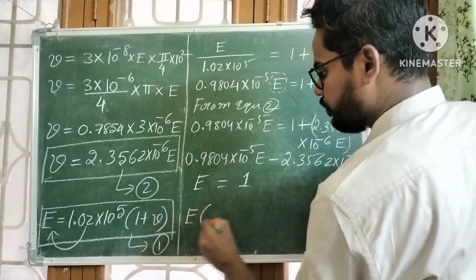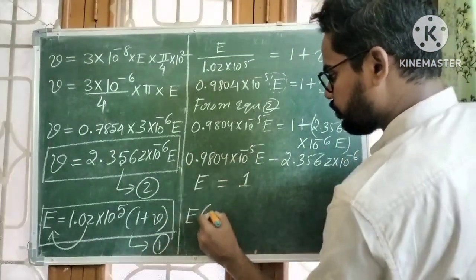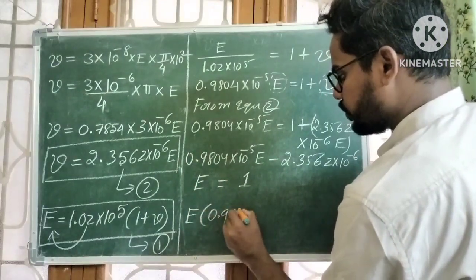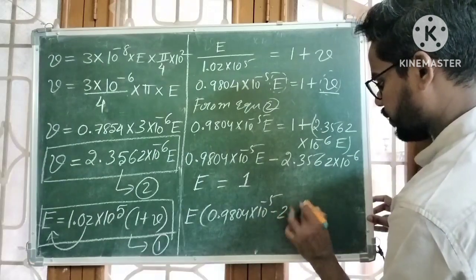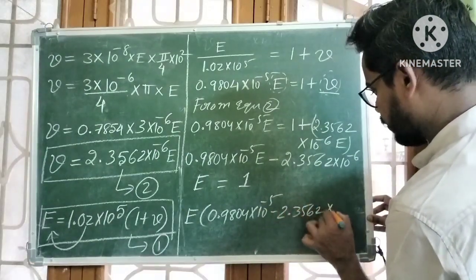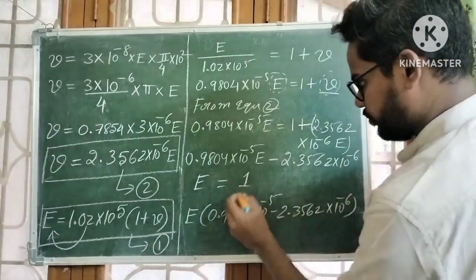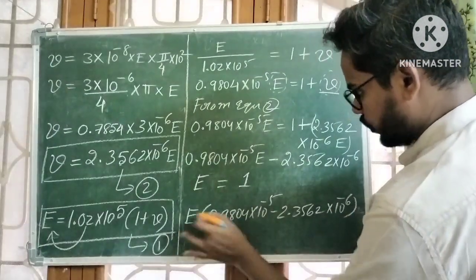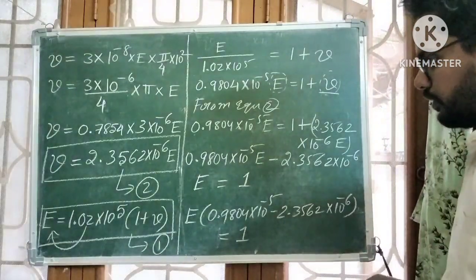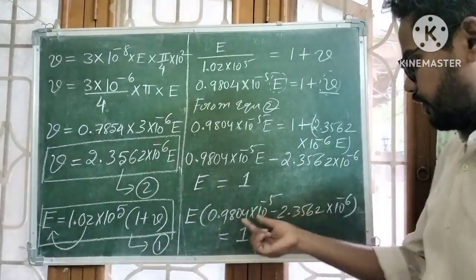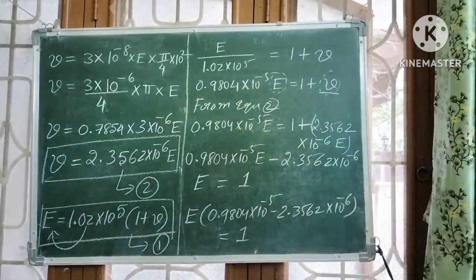Take out E as a common factor. E into (0.9804 into 10 to the power of minus 5 minus 2.3562 into 10 to the power of minus 6) is equal to 1. Okay, so let us simplify this. Then we will get E value.